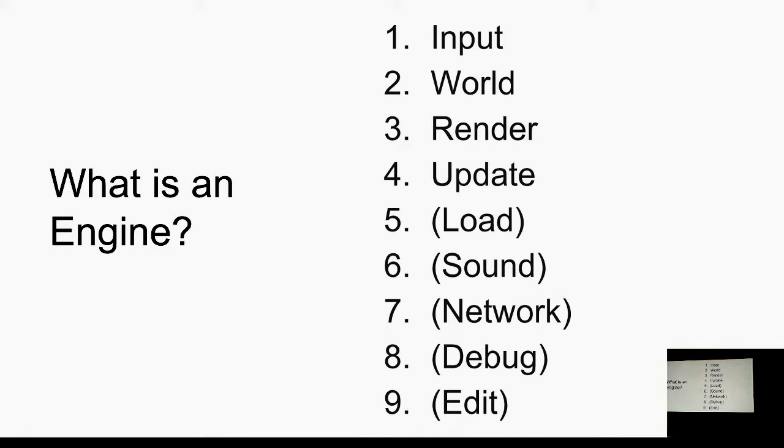When we are building an engine, there are some principal things that are usually in the engine. We get some input somewhere, we have some representation of our game world or the simulation. Then we have something that renders this simulation or the world, and then we have something that moves the world one step further.